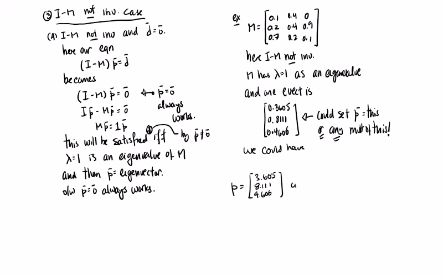could multiply it by 1,000. Or I guess 10,000 in this case, etc. So again, any multiple of an eigenvector is an eigenvector. In this particular example, we have a non-invertible I minus m.